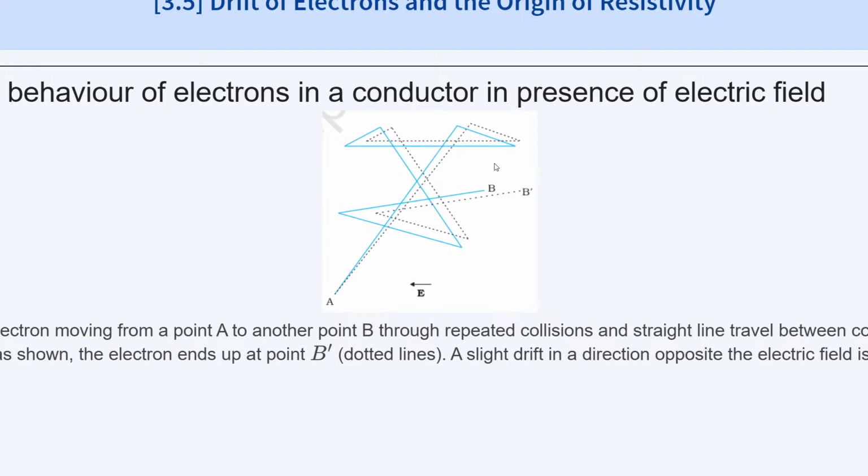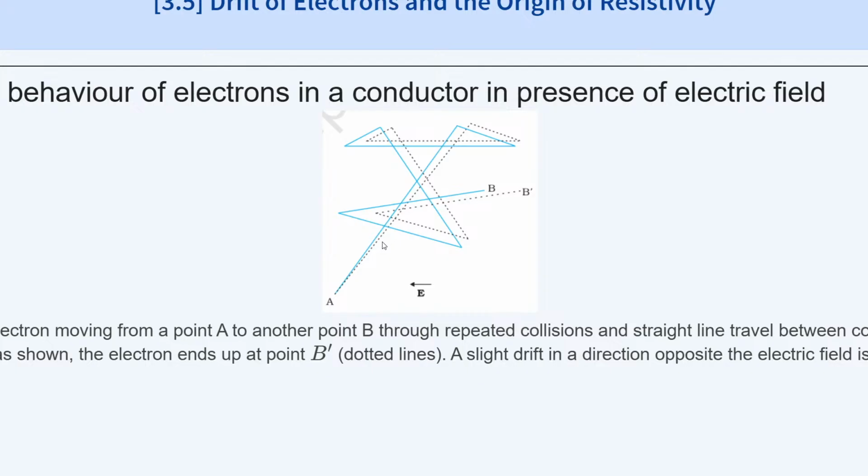So suppose when there is no electric field, जब कोई electric field नहीं है, तो जो हमारे पास इलेक्ट्रॉन का पाथ है वो ये है, ब्लू लाइन ये है. तो थर्मल एनर्जी की वजह से रूम टेम्परेचर पे इलेक्ट्रॉन के पास थर्मल एनर्जी है, तो वो जिगजैग मोशन कर रहा है. ओके, जिगजैग मोशन इन एनी रैंडम डायरेक्शन. कोलिजन के बाद उसकी जो वेलोसिटी की डायरेक्शन है वो रैंडम है. ये हमने डिस्कस किया था कि इलेक्ट्रिक फील्ड की एब्सेंस में जो इलेक्ट्रॉन की वेलोसिटी है वो रैंडम है, किसी भी डायरेक्शन में. तो किसी भी डायरेक्शन में वो ऐसे रैंडम मोशन कर रहा है, जो कि ब्लू लाइन से आपको दिख रहा है. अब क्या हुआ, वी हैव अप्लाइड इलेक्ट्रिक फील्ड.